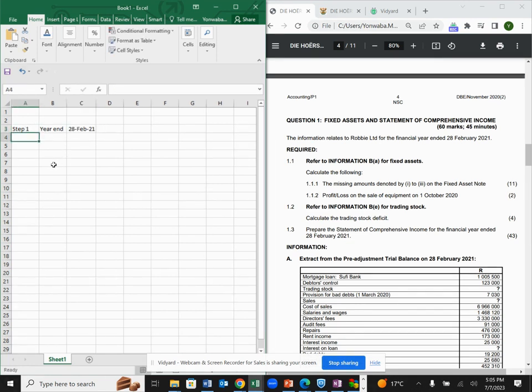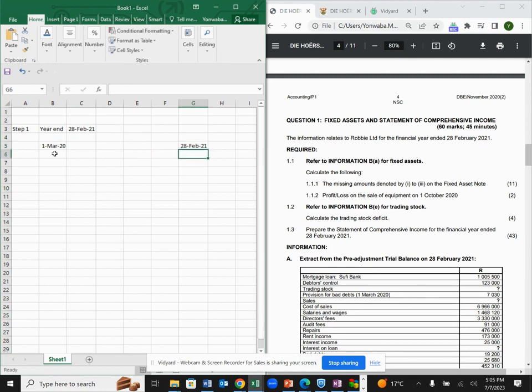Okay, keep it like that. Meaning that you need to draw a timeline. Ask yourself a question: when is the first day of this financial period? That means it's 1st March 2020, right? And then that means that the year ends when? On 28th February 2021.